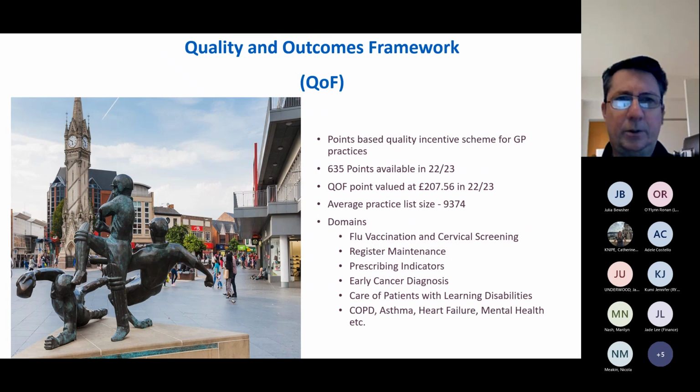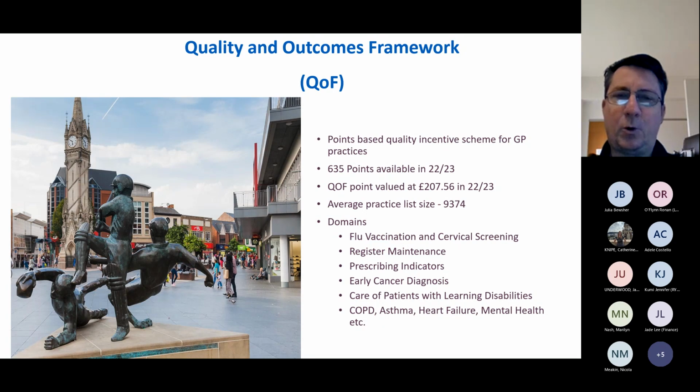Going on to the Quality and Outcomes Framework, your QOF. This is based on a points-based system. It's an incentive scheme for GP practices to do over and above the regular, normal GP services that you would expect.